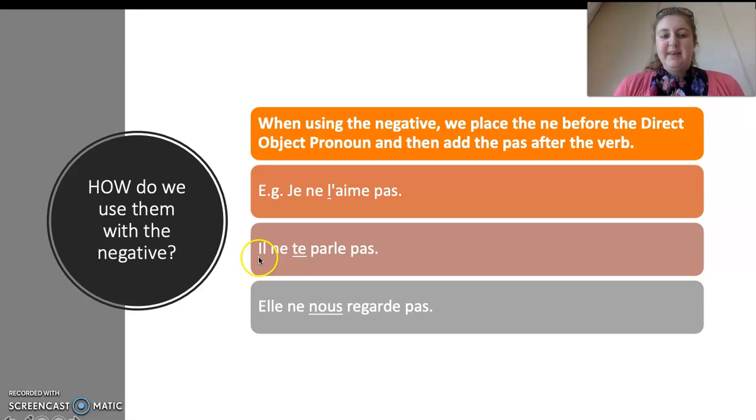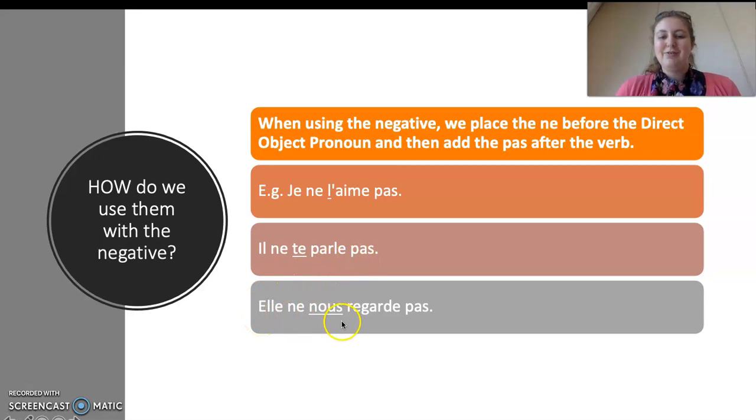Next one. Il ne te parle pas. Subject, first part of our negative. Then we've got a direct object pronoun. Remember, the direct object pronoun will always come before the verb. Then we have our verb parle, and we finish it off with pas. Our last part.